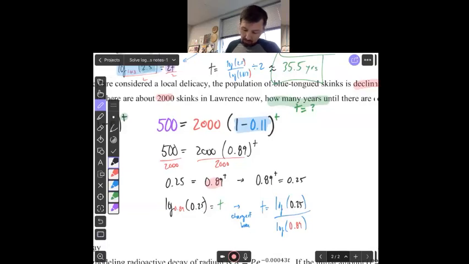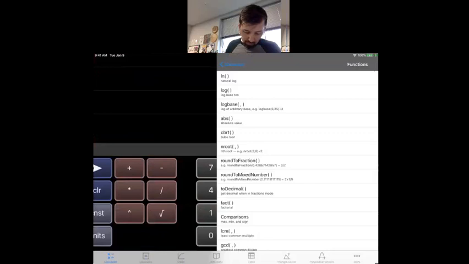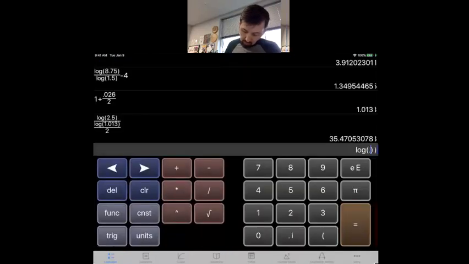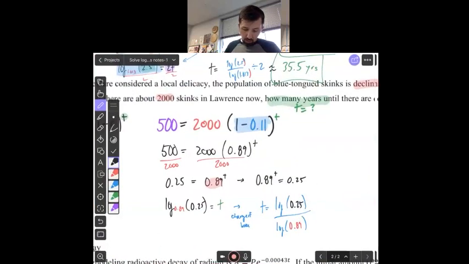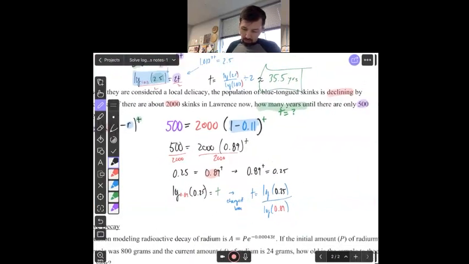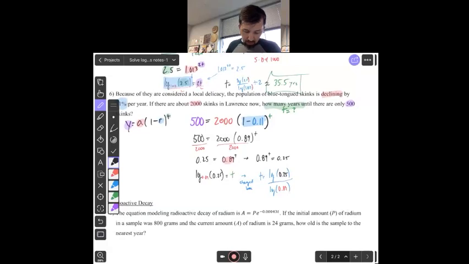Let's check what that is, divided by log 0.89. So 11.89, and 11.9 goes around to the tenth, so 11.9. This is time. We're talking about decreasing by a certain amount per year. 11.9 years.